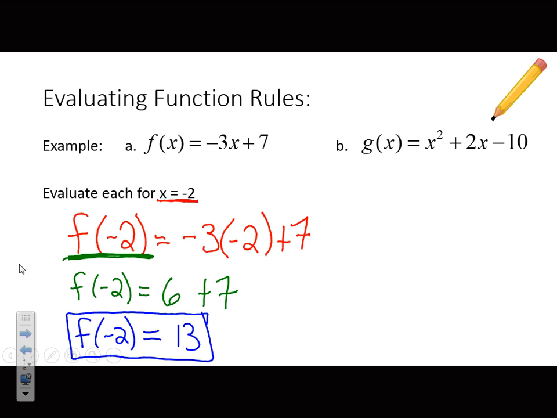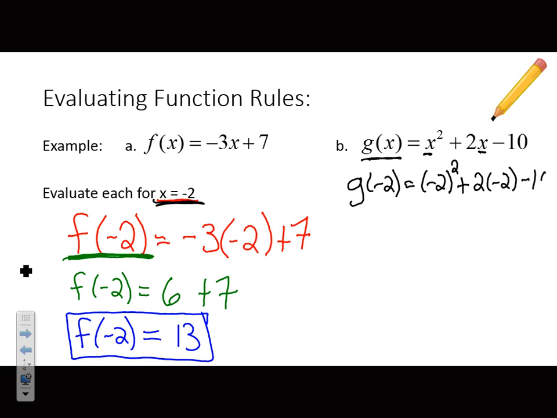We're going to come over here, we're going to do the same thing. We're going to plug in negative 2 wherever we have an x. So we have g of negative 2 equals negative 2 squared plus 2 times negative 2 minus 10. Now we're going to simplify this. We're going to keep our g of negative 2 equals negative 2 squared, so negative 2 times negative 2 is 4, plus 2 times negative 2 is a negative 4, minus 10.